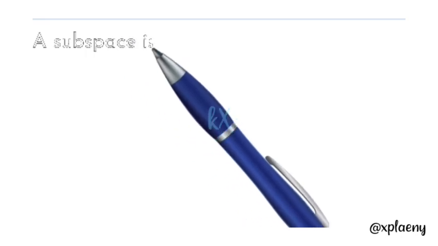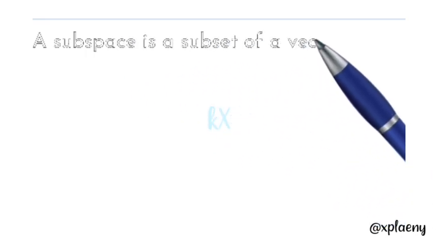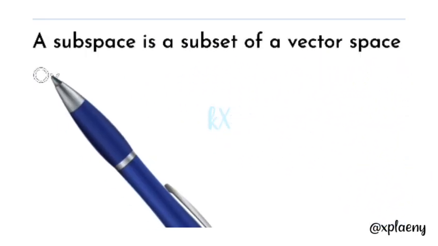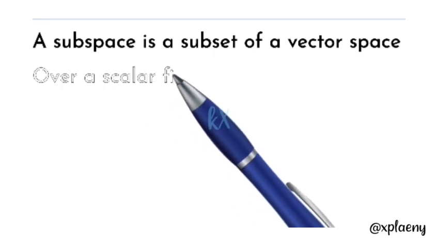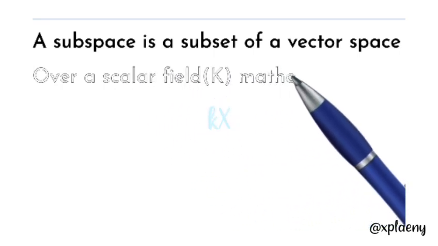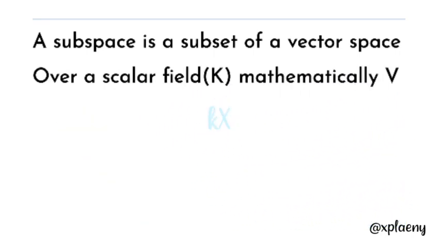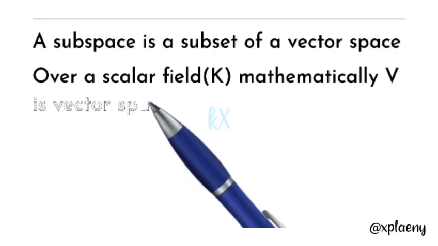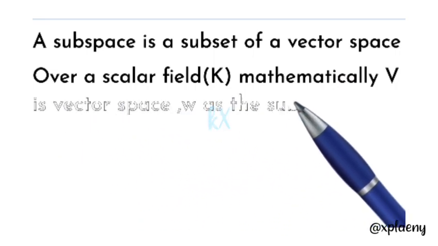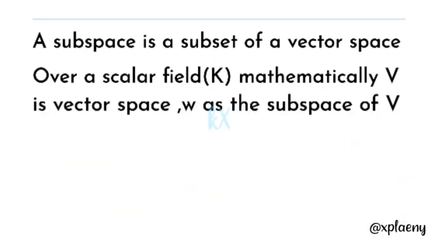A subspace is a subset of a vector space over a scalar field or a real field. Mathematically, we have a vector space V, and W as our subspace.